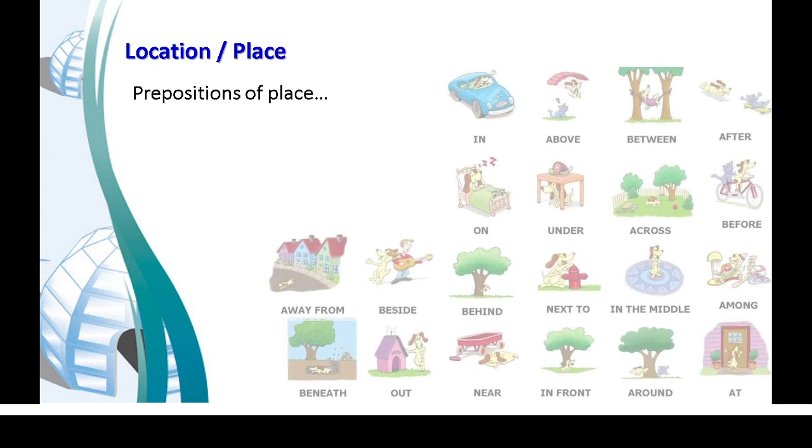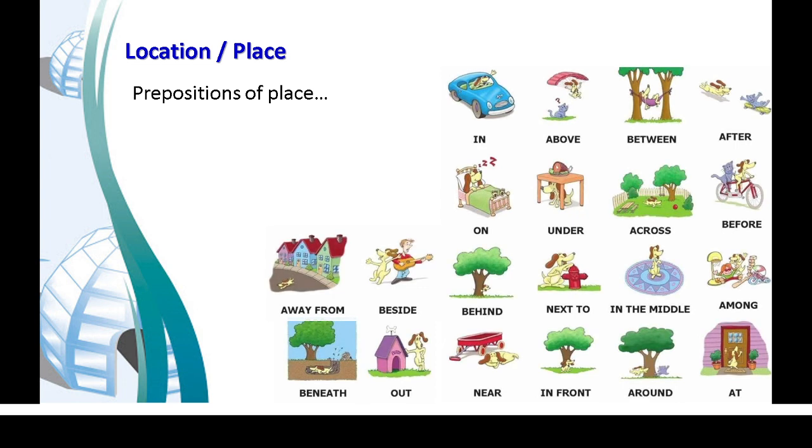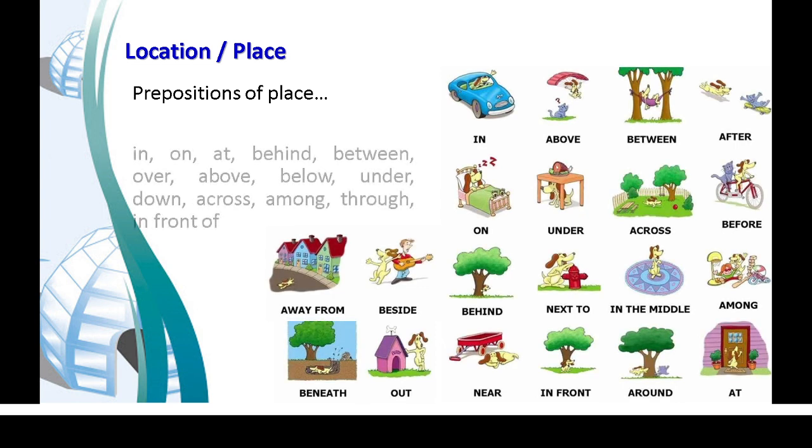Here in this slide, we are going to elaborate location of the place. Here you can see there is a list of prepositions which are used to say location of the place.